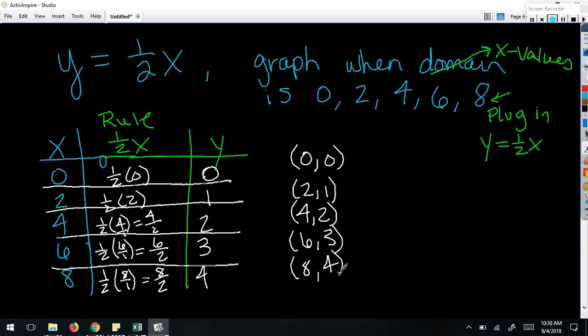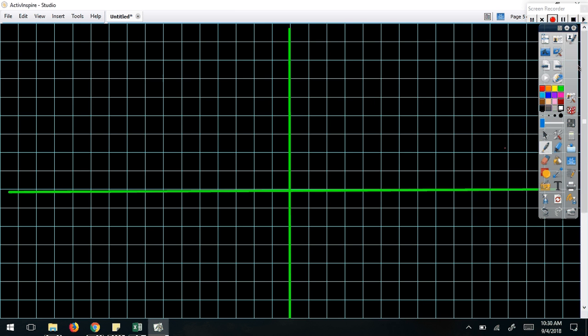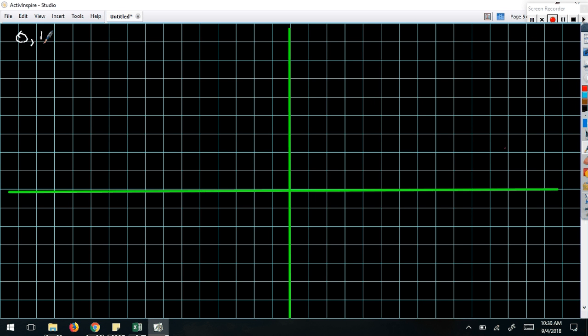So let's flip back over to our graph paper and let's graph these, because I did all this work so that I could graph them. All right, the first point that I have is 0, 0. And you're absolutely right, Kennedy, this is in the center.